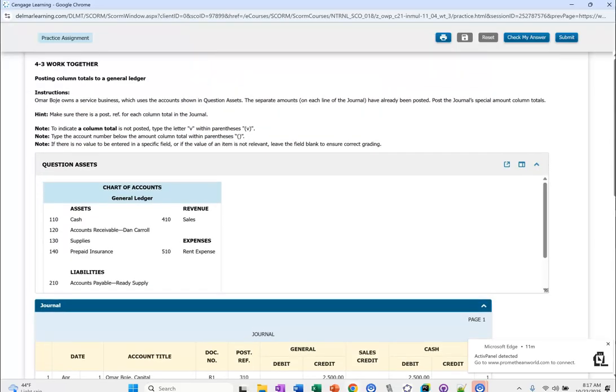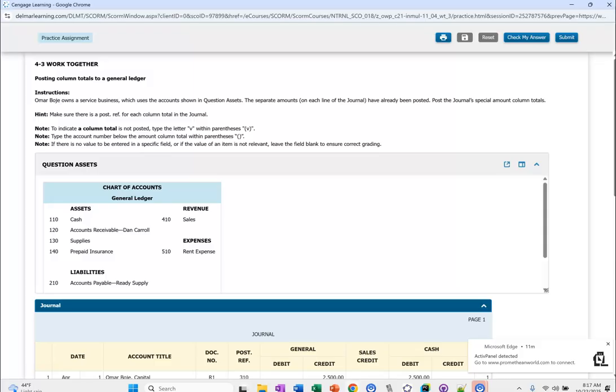So our directions say Omar Boji owns a service business which uses the accounts shown in the assets. The separate amounts on each line of the journal have already been posted. Post the journal's special amount column totals. Hint: make sure there's a post reference for each column total in the journal. To indicate a column total is not posted, type the letter V within parentheses.